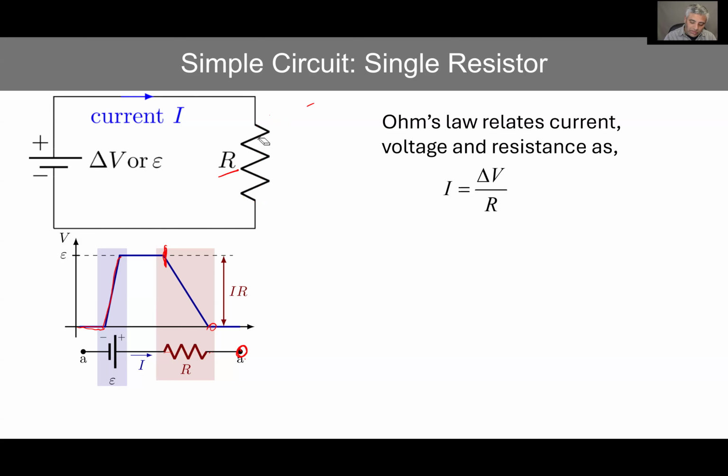So how much current is flowing is given by Ohm's law. We talked about that last class as well. So I, or current, is delta V over R, or often we may write delta V, the change in potential, is I times R. Okay, I think that's what I have written here.